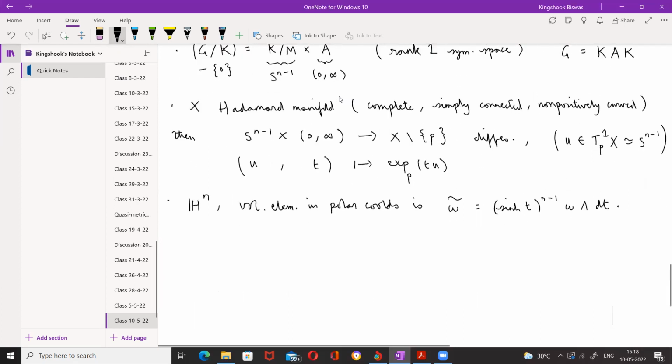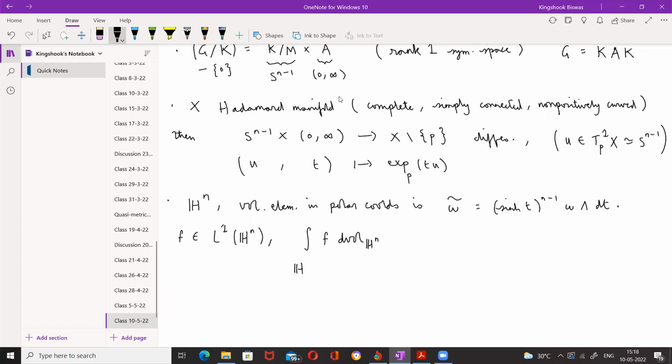Is this clear? Yes. So if I take a function f in L1 of H^n, what is the integral of f dvol over H^n?